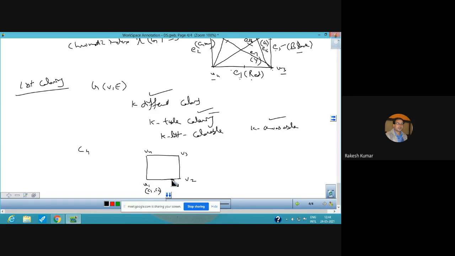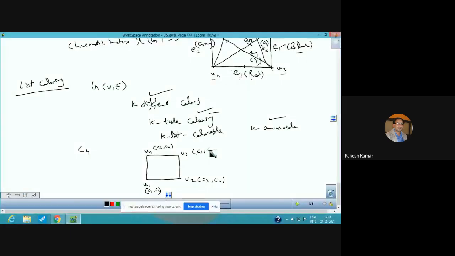So this C1 and C2 cannot be repeated on the adjacent vertex, so it can be C1, C2. Now see, adjacent vertices have different colors. So the total number of colors used are 4 here: C1, C2, C3, C4. So your list coloring used in C4 is 4 because 4 colors have been used.